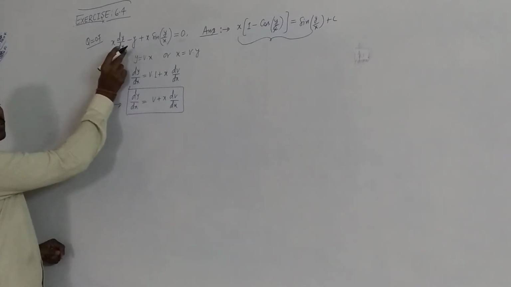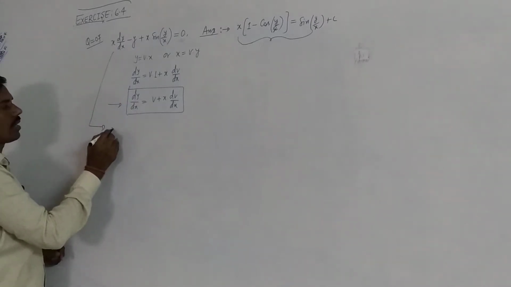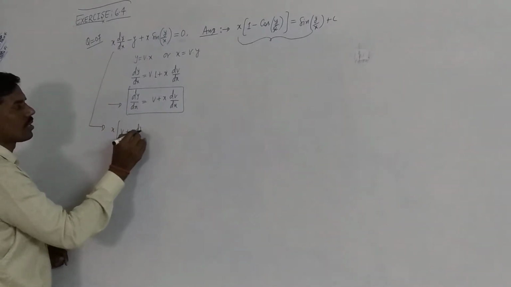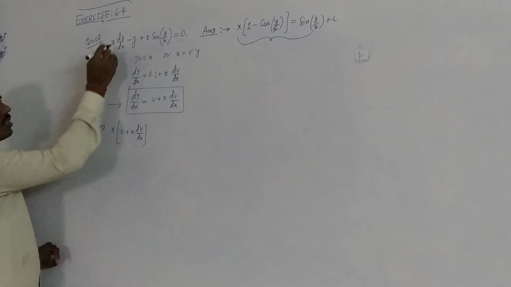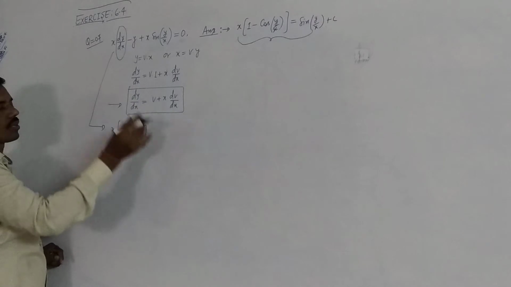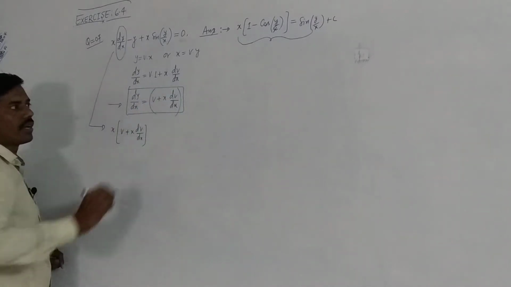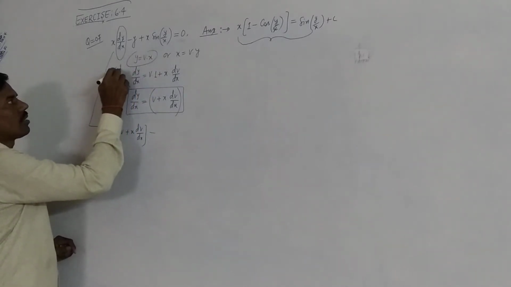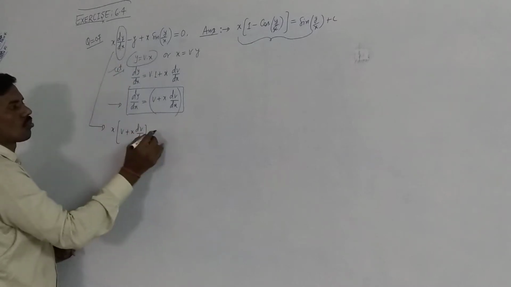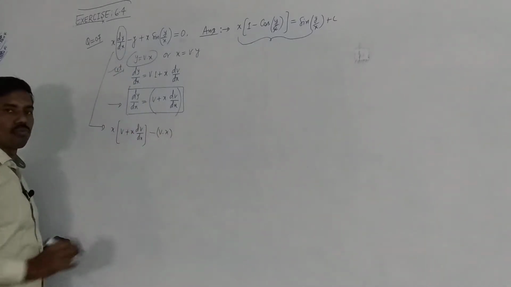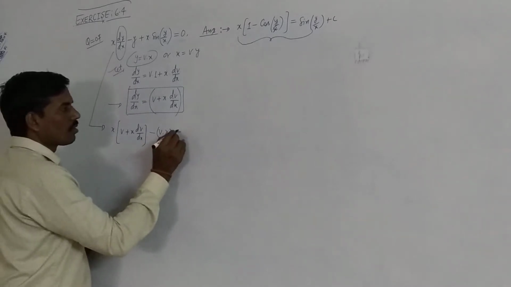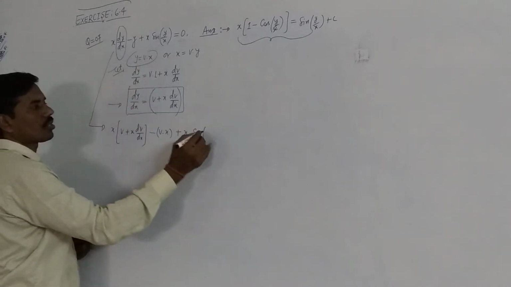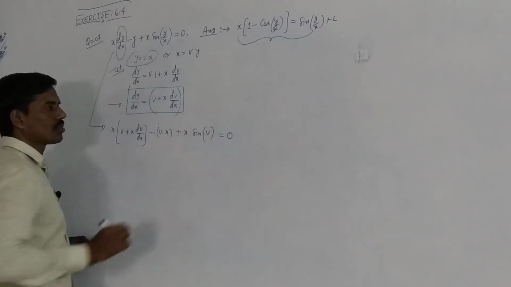Here dy by dx is present, so write x into dy by dx as v plus x dv by dx, minus y, and since y is equal to vx, y can be changed as v into x, plus x into sine of y by x, and y by x is equal to v, is equal to 0.